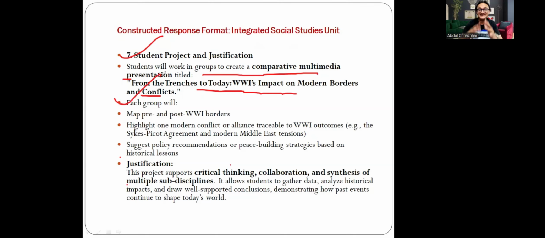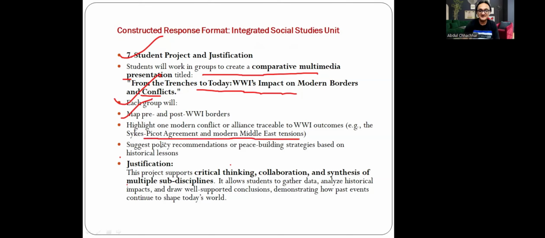Each group will map pre and post World War borders, compare the borders in the past and then the present borders. Highlight the modern conflict alliances and outcomes, like agreements and modern Middle East tensions.